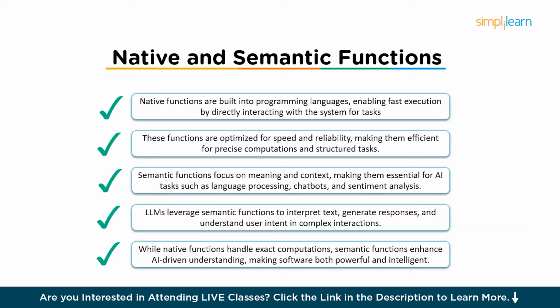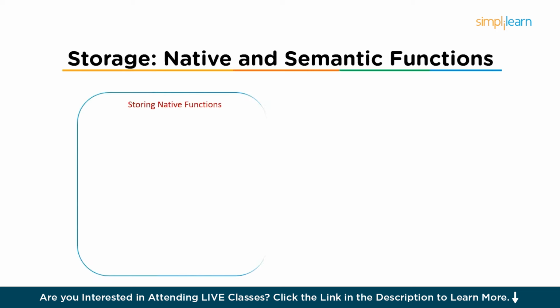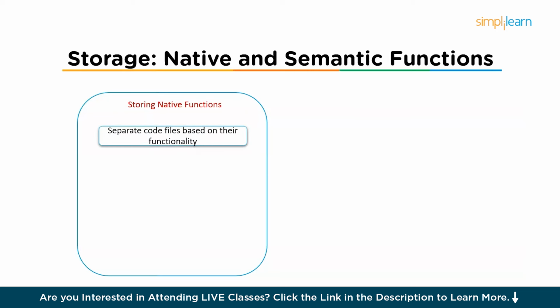Now let us understand how they can be stored for future use. How to store native functions, we will talk about initially. Storing native functions like code files and modules. Native functions are stored as separate code files or modules based on their functionality. This keeps them organized and easy to maintain. Now the question comes, where are they stored?